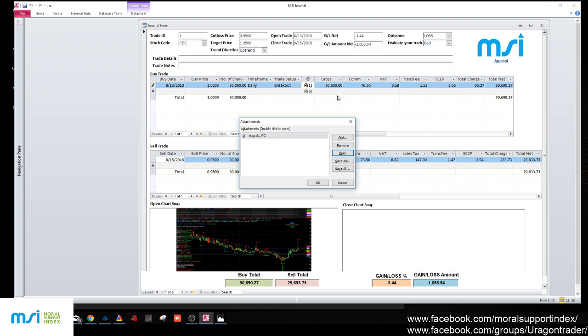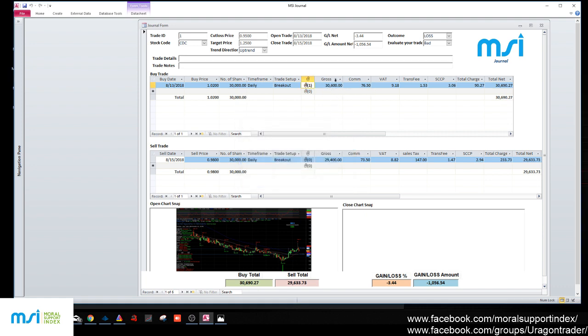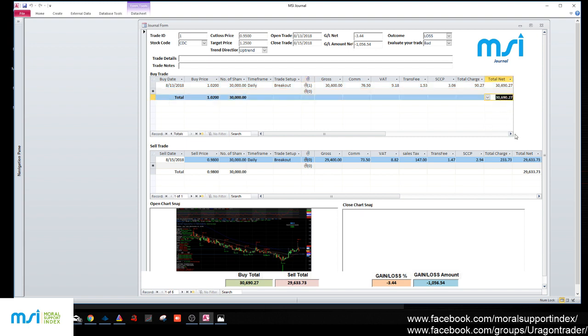Okay, so nakalculate niya yung gross, automatic, and commission, VAT, transfer fee, SCCP, total charges. So yung total na binayaran ko is 30,690.27 for this particular trade, for this particular buy transaction actually.